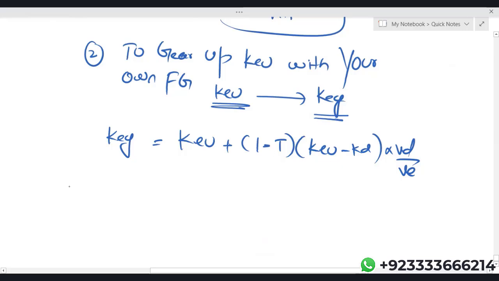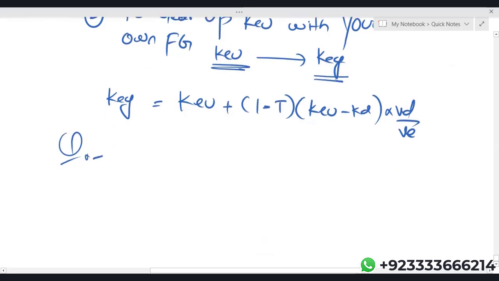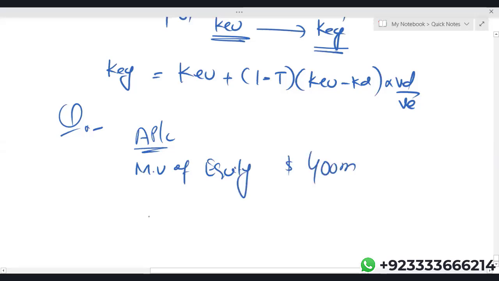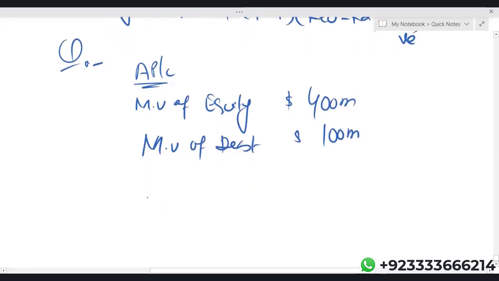Now let's apply this for a minute. Assuming we are working for APLC, market value equity 400 million. Market value debt is 100 million. Okay. APLC is diversifying to the new industry.